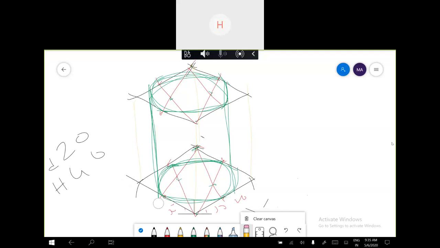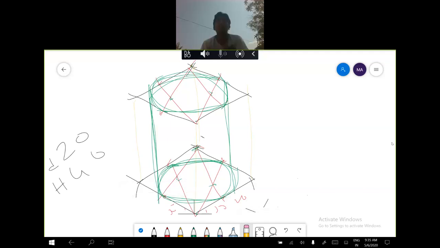In this way you have to draw the cylinder in an isometric projection. Here all these rectangles, lines and everything should be very light. Only the lines I have drawn with a green pen should be dark. All the other lines should be very light.